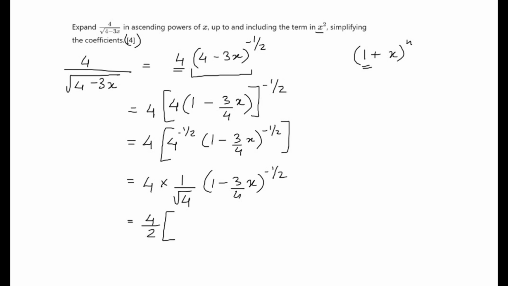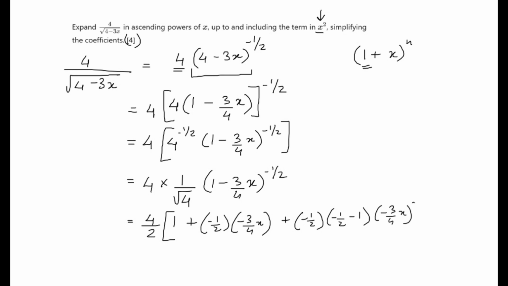So that's 1 plus n, which is negative half, times x, which is negative 3 by 4 x. And we are expanding up to the x squared term right there. So plus negative half (negative half minus 1) (negative 3 by 4 x) the whole squared by 2 factorial.